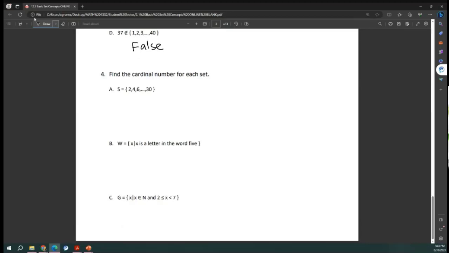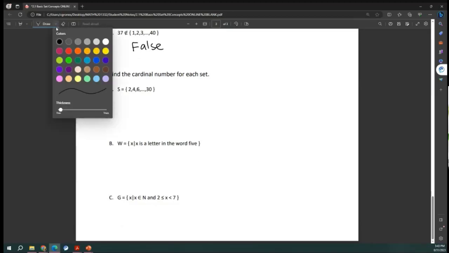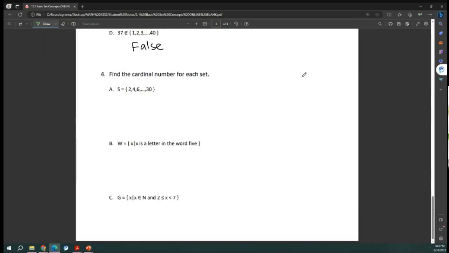And then this last exercise is find the cardinal number for each set. So cardinal number is going to be the number of elements in the set. Can y'all see this color okay? So anytime that you represent the cardinal number, they use this N with parentheses, and they put the name of the set inside the parentheses.